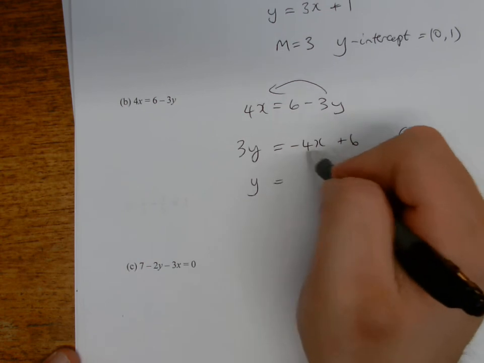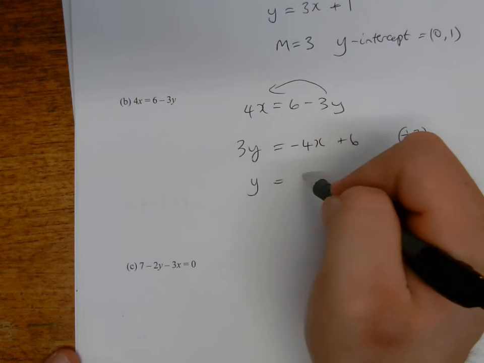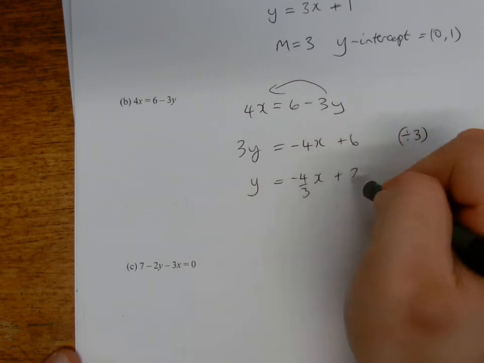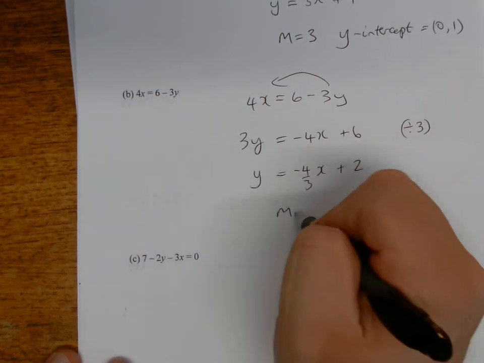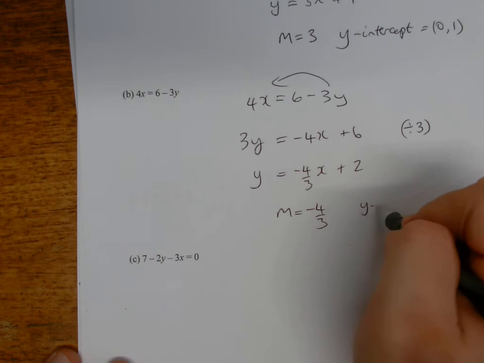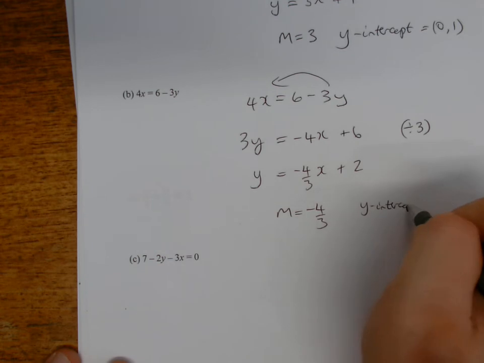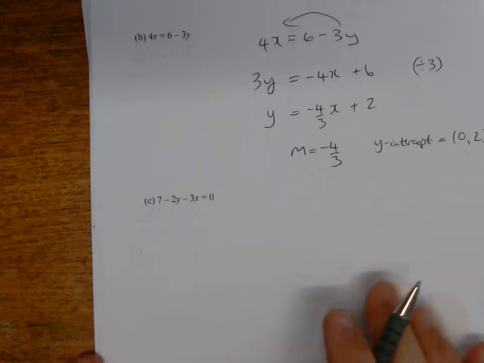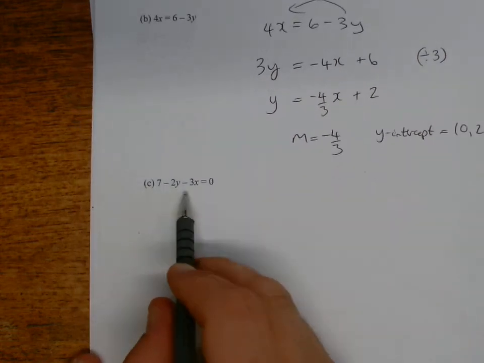Divide this term by 3, well, 3 doesn't go into 4 perfectly, so you end up with minus 4 thirds x. Divide this by 3, you get 2. So in this case, the gradient is negative 4 thirds, the value in front of the x, and the y-intercept is 0, 2.